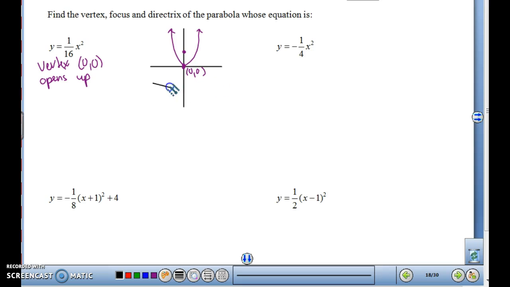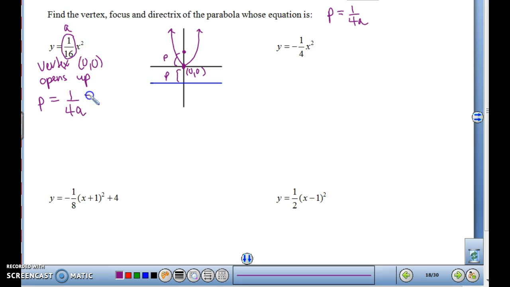Okay, so let me do the directrix in a different color. So the directrix would be down here. That's my directrix. So we need to know what p value is right here and right here to figure out what the focus and directrix is. So the formula we just came up with, we said p is equal to 1 over 4a. What is my a value in this problem? A is 1/16.